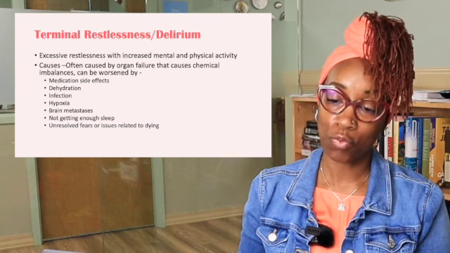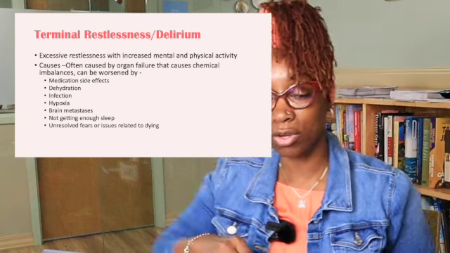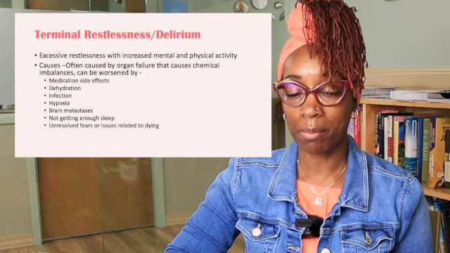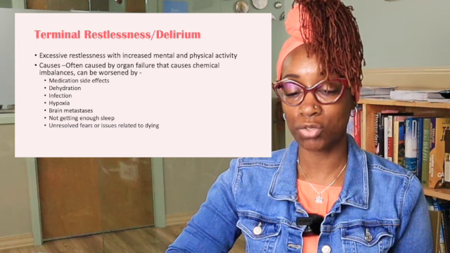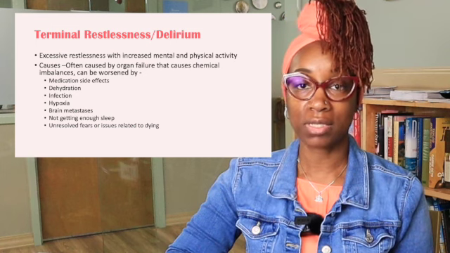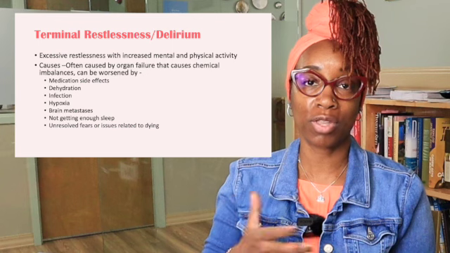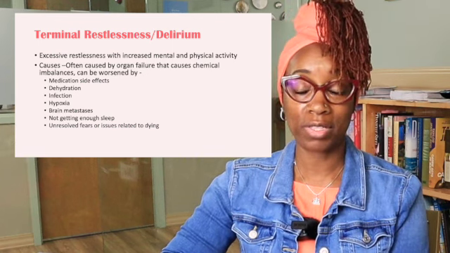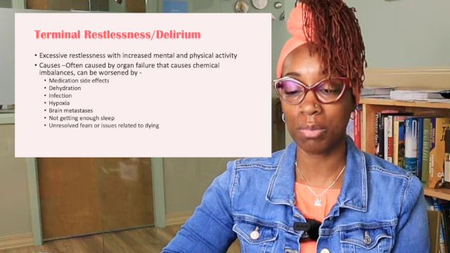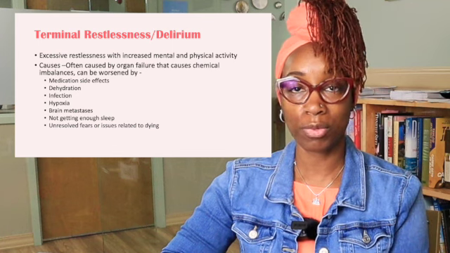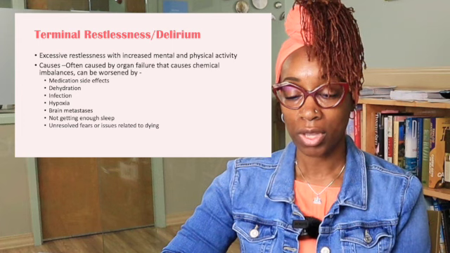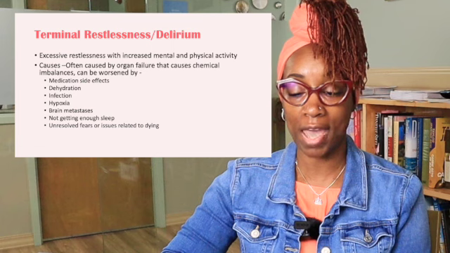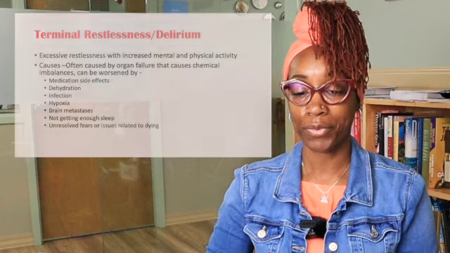Some of the causes would be organ failure caused by chemical imbalances, which can be worsened by medication side effects or dehydration, brain metastasis, which is cancer that has spread to the brain. Insomnia, not getting enough sleep, could lead to terminal restlessness or delirium. Also any unresolved fears or issues the person may have related to dying.